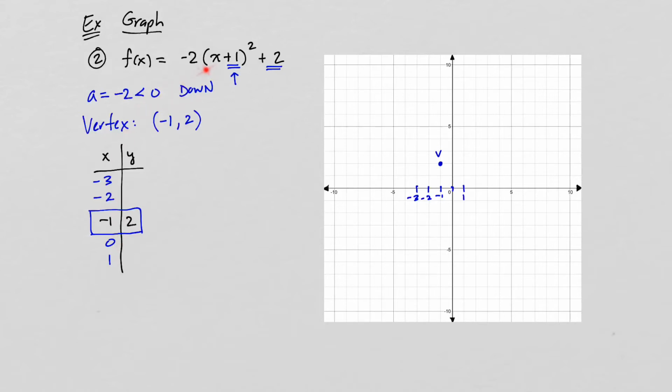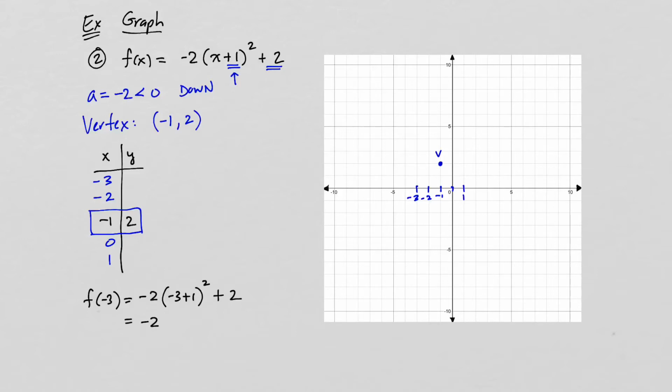And then you need to take all four of these values and plug them into your function to find the corresponding y values. Now again, to save time in the lecture video here, I'm just going to plug in -3. When you put -3 into the function here, you will get -2 times the quantity -3 plus 1 squared, plus 2.